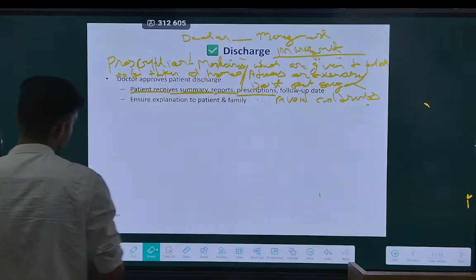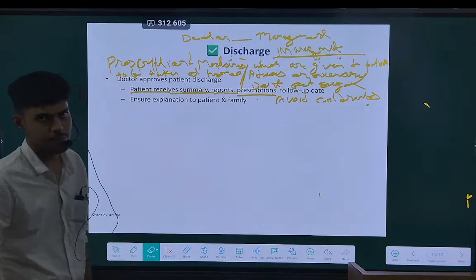तब discharge के बाद क्या? Prescription मिल गया, सब मिल गया.